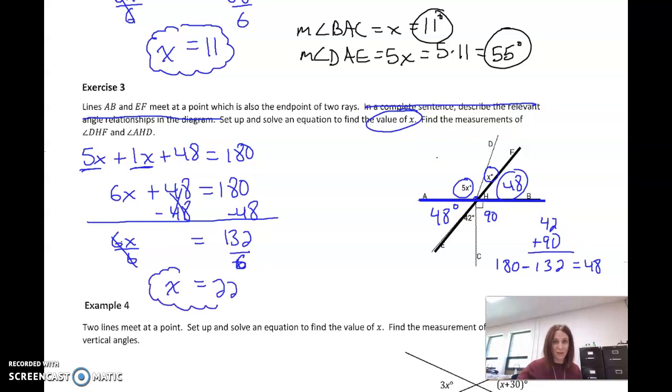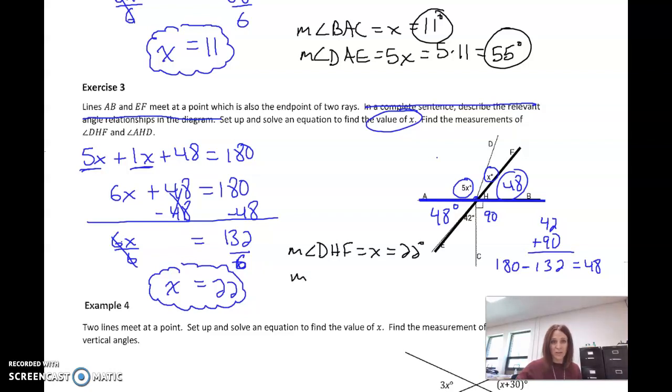Awesome. Okay, make sure we're answering the question being asked. Set up and solve an equation to find the value of x. Check. Find the measurements of angle DHF. That's just x. So the measure of angle DHF is just x, and x is 22.